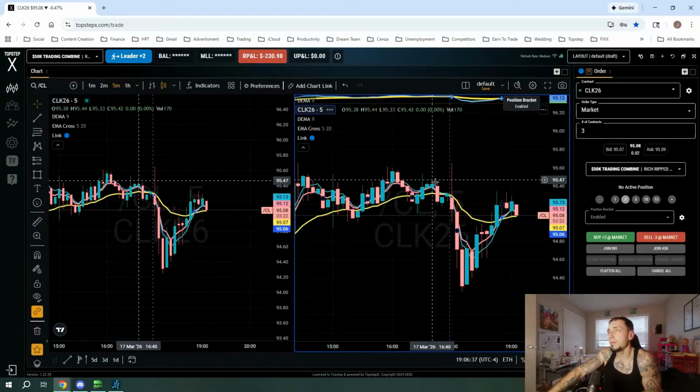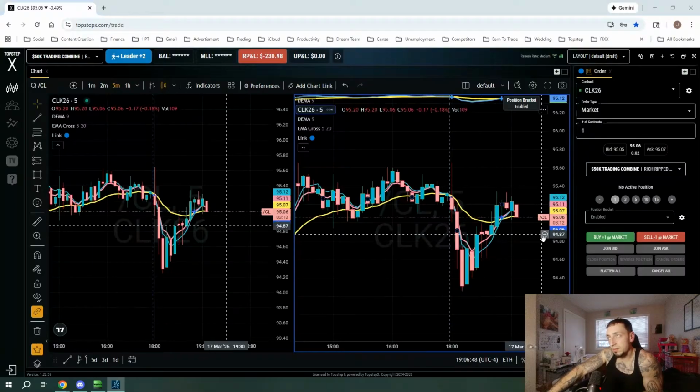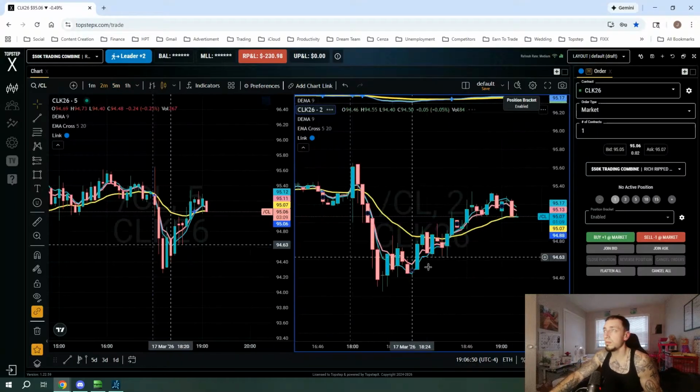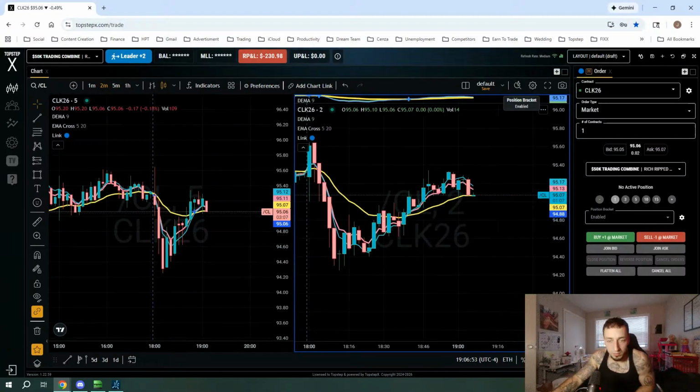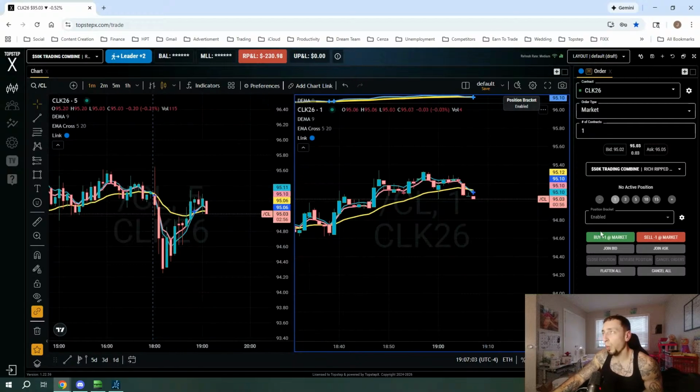Interesting. Oil's looking mega bearish right now.